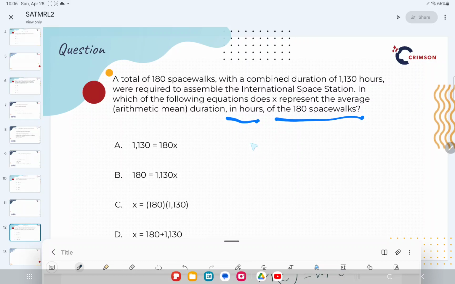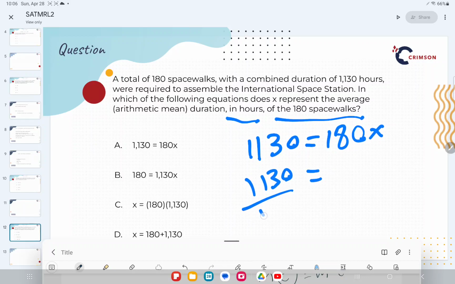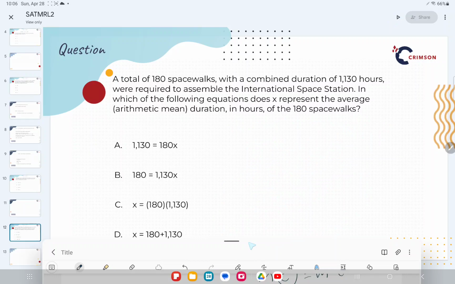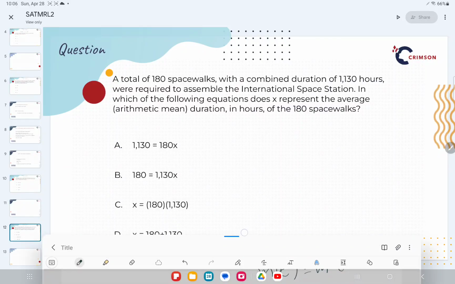So I'm going to do 1130 equals 180x, because then it's going to be 1130 divided by 180, which is x. If you have any questions on this one, please don't hesitate to text or email or anything.